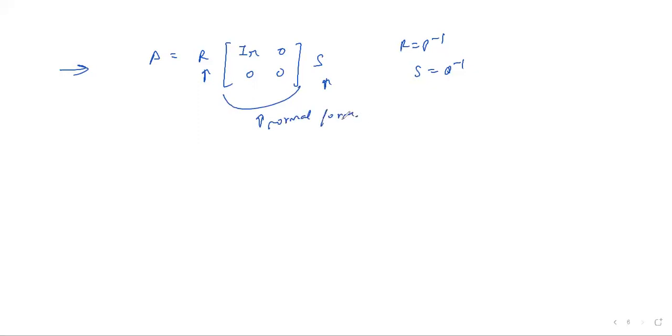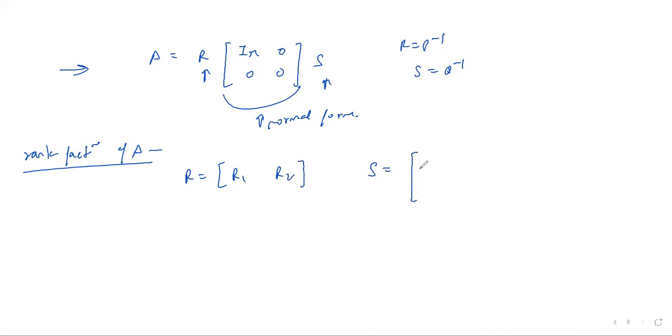Now if you look into the rank factorization of the matrix A, then what is our R? R is actually R1, R2, and S is corresponding to the columns, so it is S1, S2. According to the rank factorization, we have R1 of order m cross R and S1 of order R cross n.